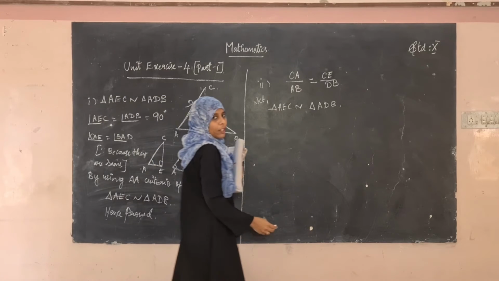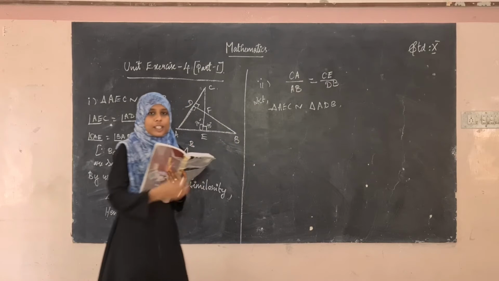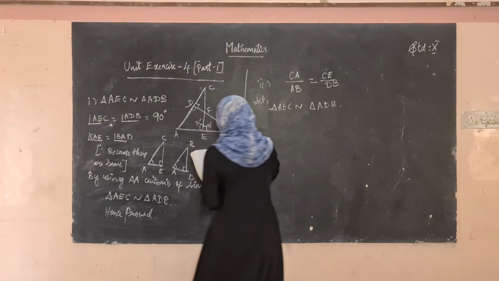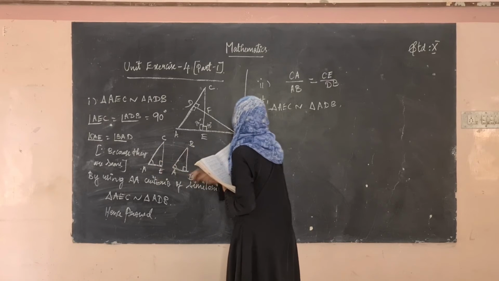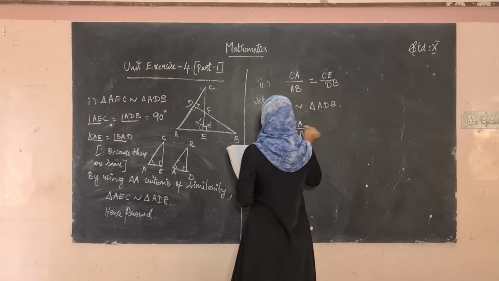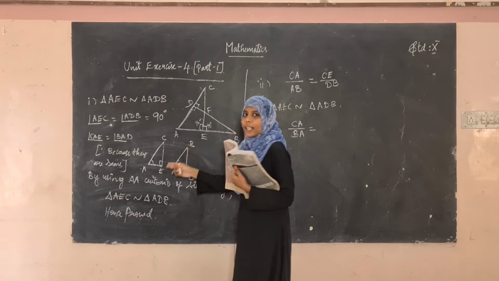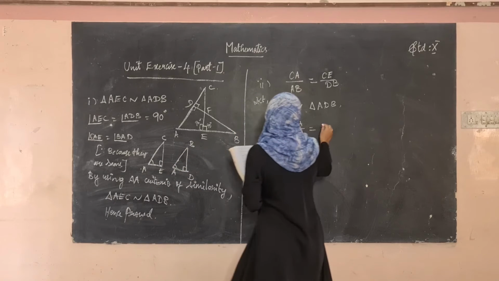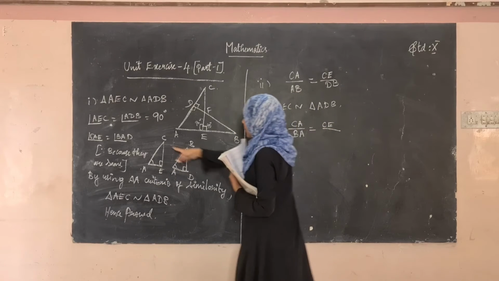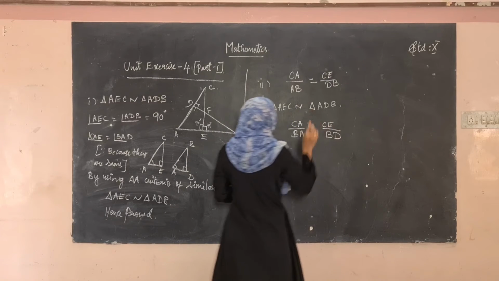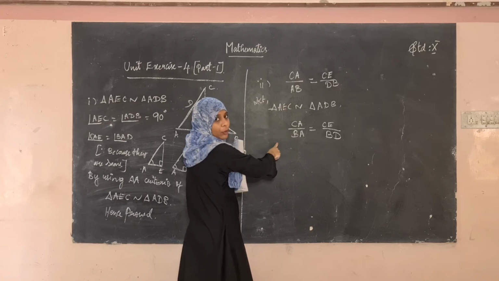Then what is the property? We know that their corresponding sides are in common ratio. Therefore, see here, CA divided by BA. We are taking any two sides. Any two of its sides are in common ratio. Therefore, CA divided by BA is equal to CE divided by BD. Okay, this is what we have to prove, right?